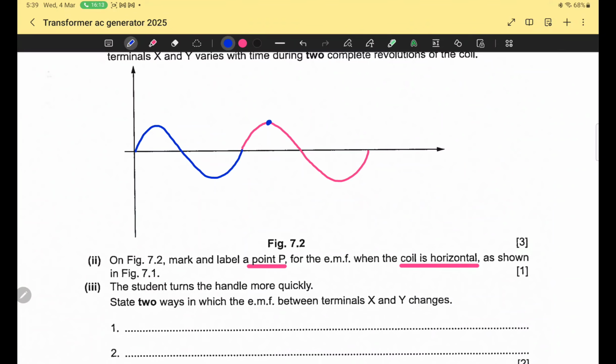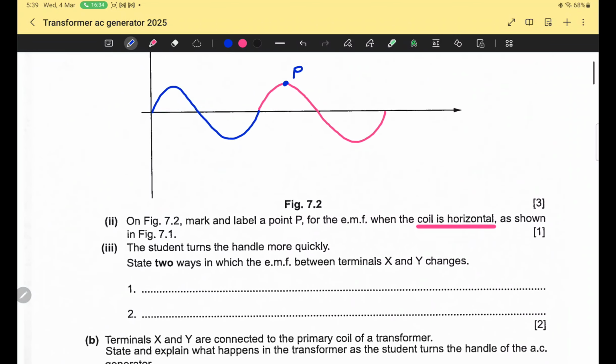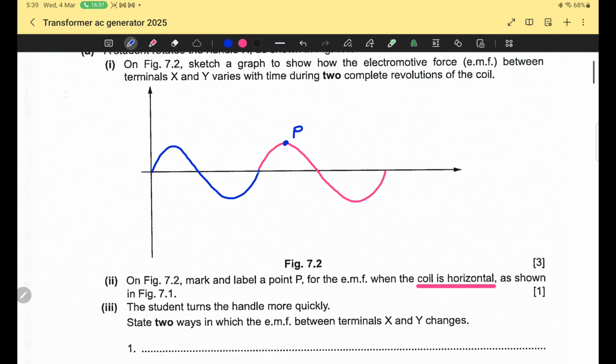So this is maximum voltage, and when the voltage is maximum, then the coil is horizontal, and this horizontal coil is labeled as P. So this mark P representing the coil is horizontal. Okay. And now they are not asking about vertical, but I am writing. Here will be vertical and this is horizontal. Okay, it is my extra mark.